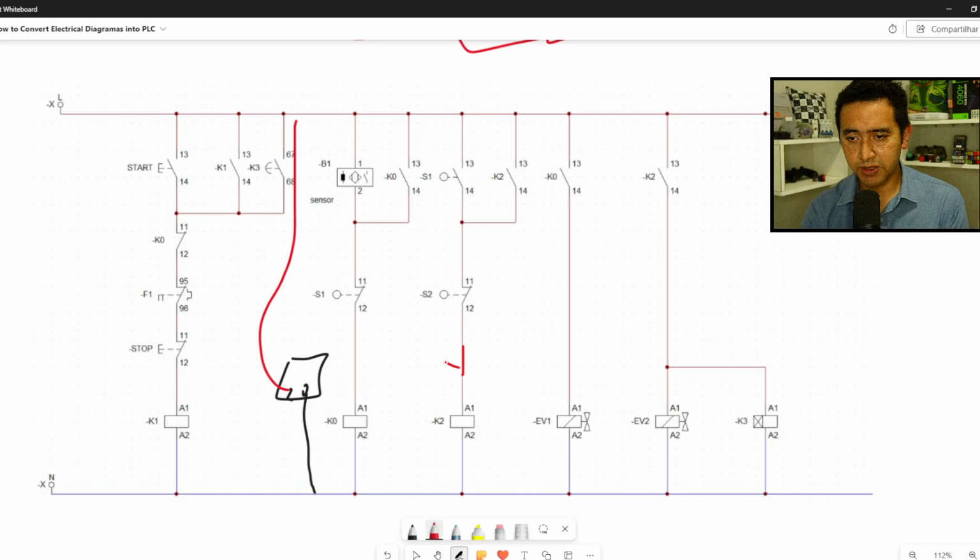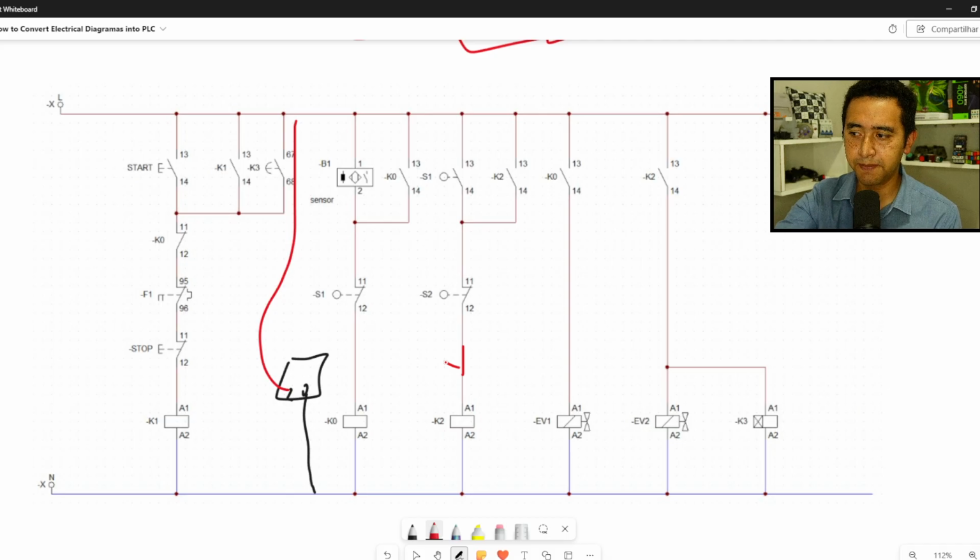Because when I have the PLC, I get all of these signals, then I put them in my PLC, then I process the logic, and every time that I work to solve a problem or change my logic, it's really, really more easy. That is the principle of our course.